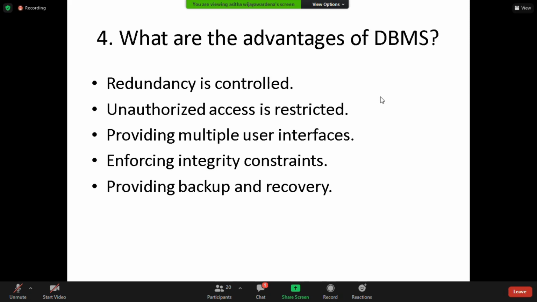Look at the advantages of DBMS in point form. You can control the redundancy using a DBMS. Since you can create user accounts, you can restrict unauthorized access, and you can provide multiple user interfaces. In a sense, it means for different user levels, you are giving only certain access restrictions.